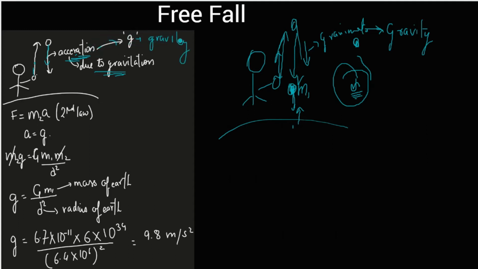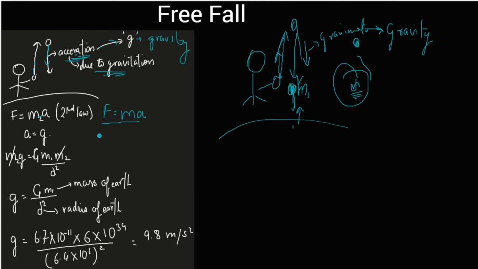Now a very familiar formula that you are seeing in front of your eyes is F is equal to ma. Yes, I know this is the second law that Newton has given. Now what I am talking about is that this ball is making an acceleration, and this is acceleration due to gravity.